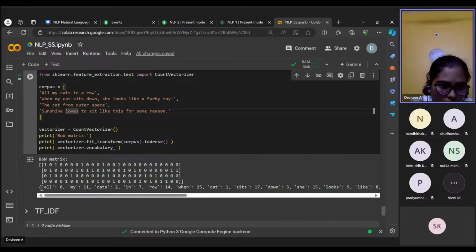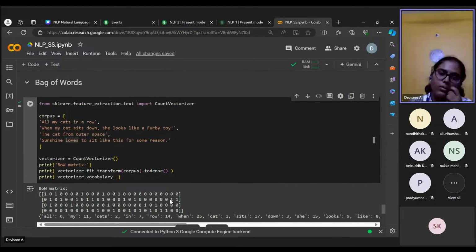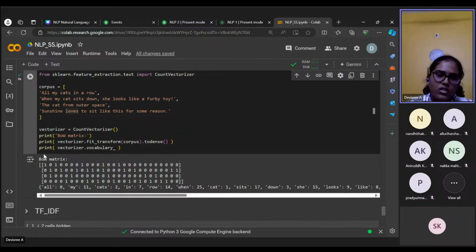So 'all' is 0, in the sense the 0th index represents the word all. Here 'cats' is 2, so this means the index 0, 1, 2 right here represents the word cats. So this is what it means. This is a simple bag of words matrix for the given corpus.